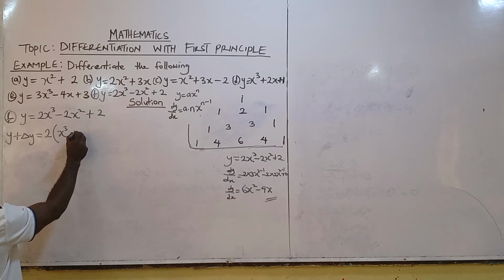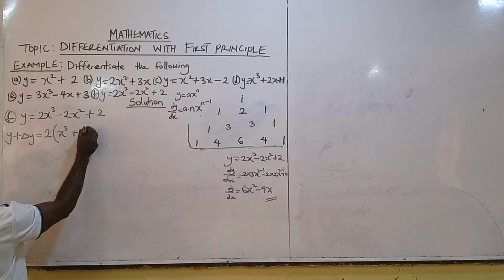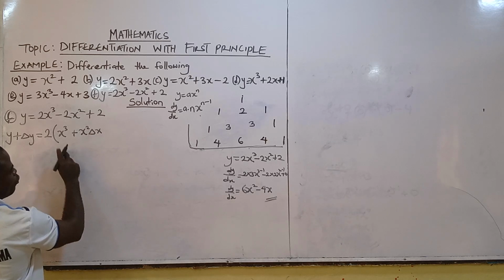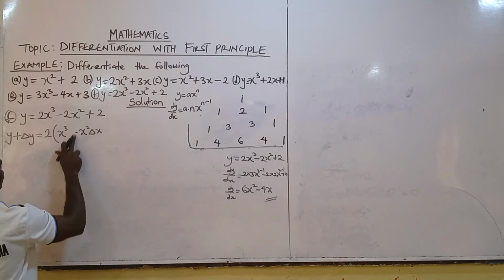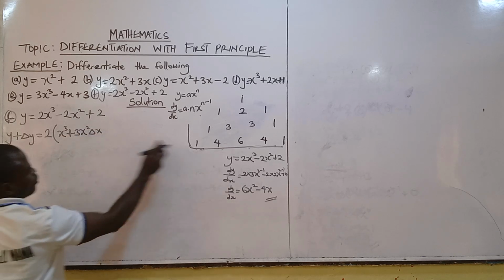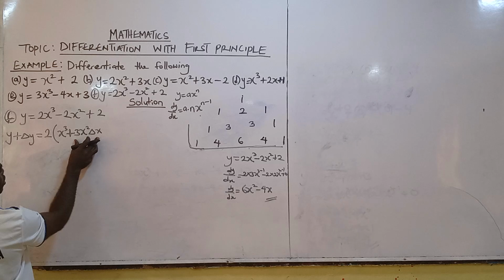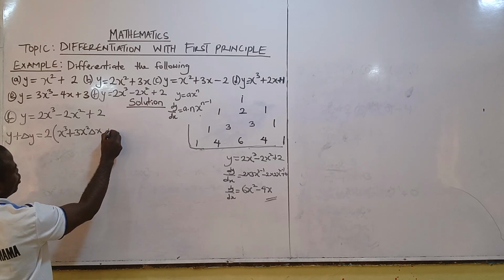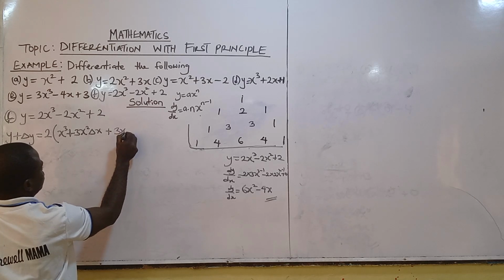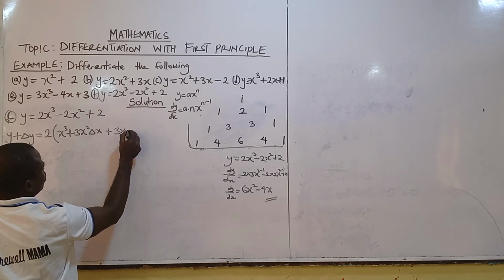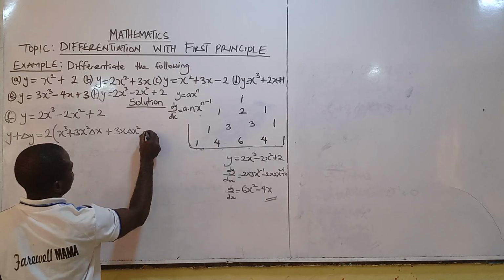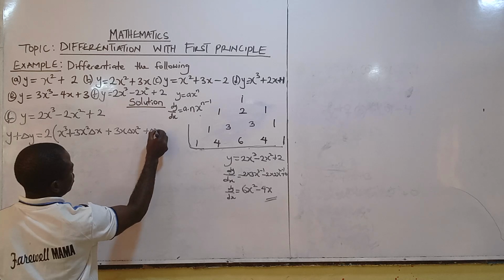Plus x squared, the dx is attached, but don't forget that you are having 3 plus 3. What you have here will follow what you are writing. Plus the next, 3x dx squared. Last one, plus dx cubed.